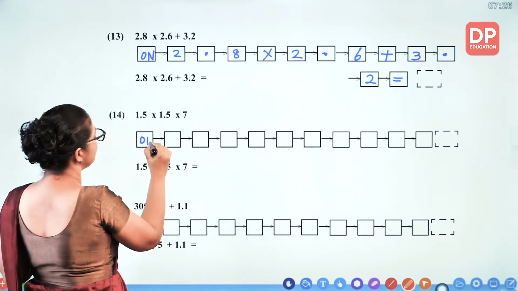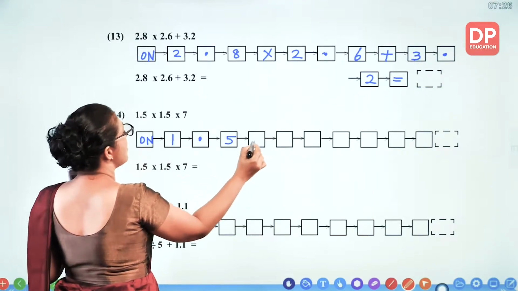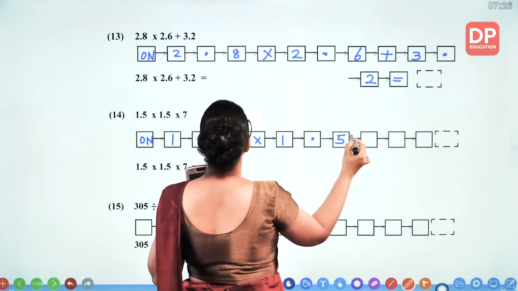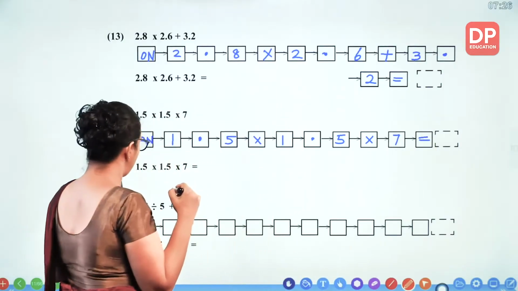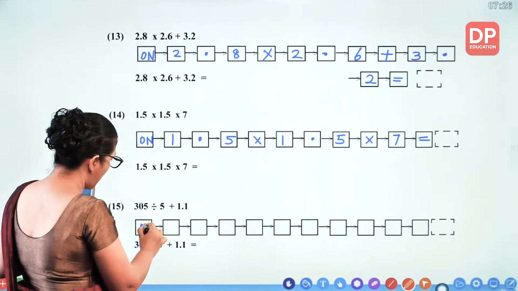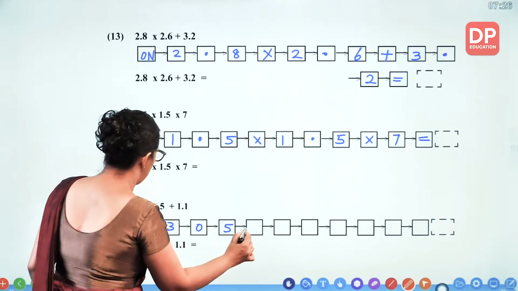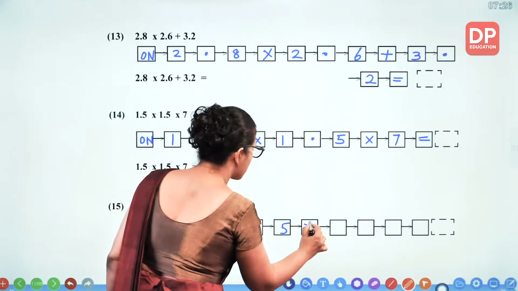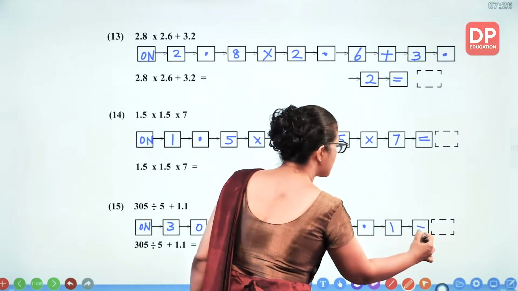Switch on. 1.5 multiplied by 1.5 multiplied by 7. This one, switch on the calculator. 305 divided by 5 plus 1.1, equal sign.